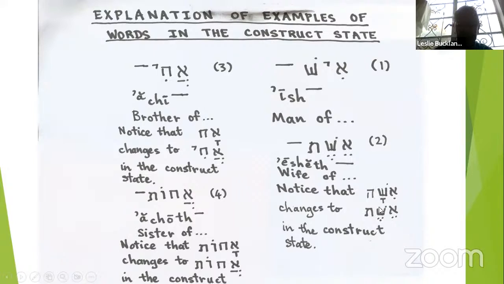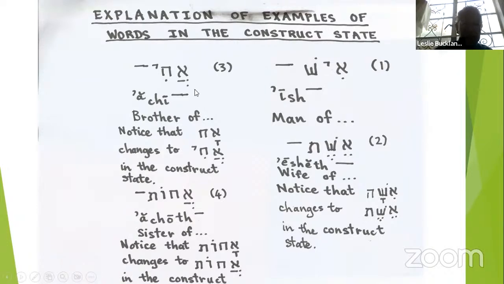It's the same Isha, same woman or wife, but when it's put in the construct state, that is when there is a makaf to the left of it and another noun that comes after the makaf to tell us more about the first noun, then this has to be put into a different form that is derived from the original form, Isha. This is in the construct state.